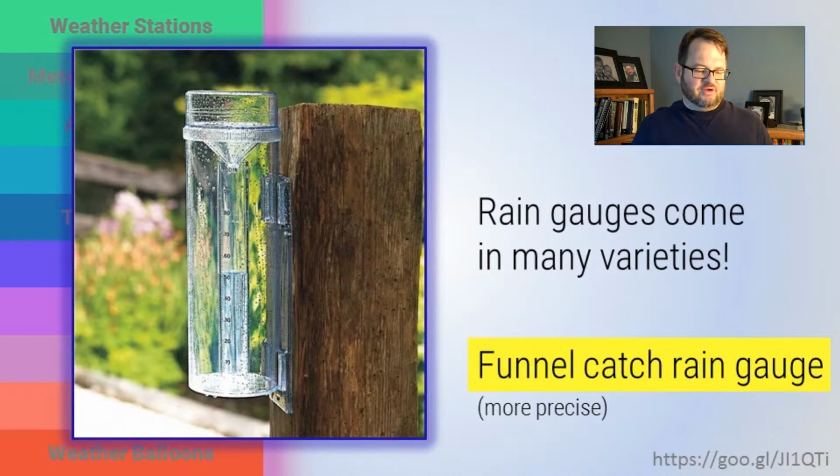So, I have a funnel catch rain gauge in my backyard, and 1 inch of rain makes a column of water about maybe 6 or 7 inches tall on my rain gauge. So, a tenth of an inch of rain is maybe as much as almost an inch of height. I can very easily tell, with great precision, how much it rained each day. That's one type of technology.